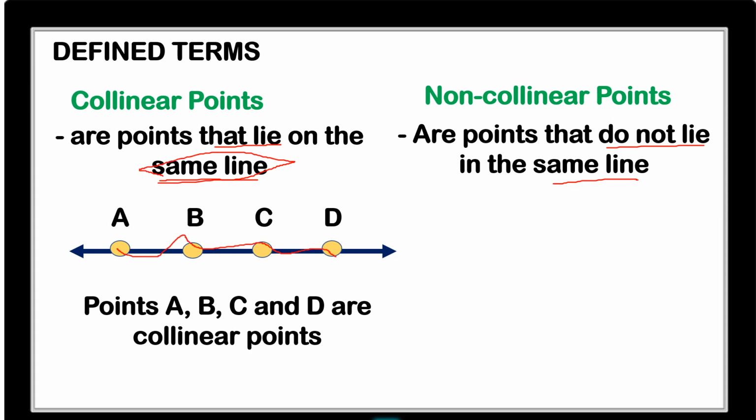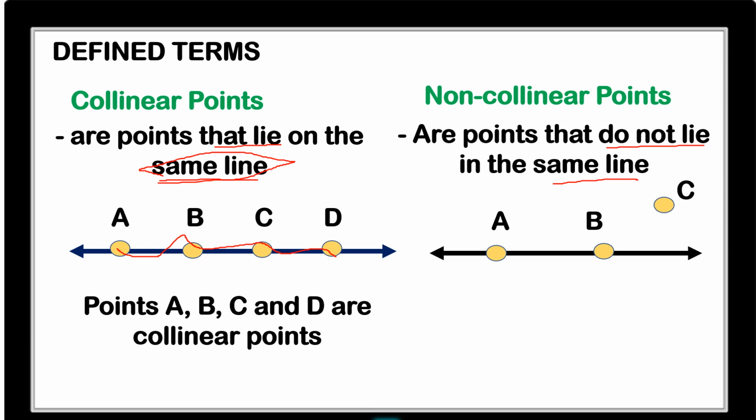Let's have the non-collinear points. Again, let's consider this another line. Then if I have points within the line and another point outside the line, and I have to consider this as point A, point B, and point C. Yung dalawang point nasa isang line, pero yung isang point ay nasa labas ng line.